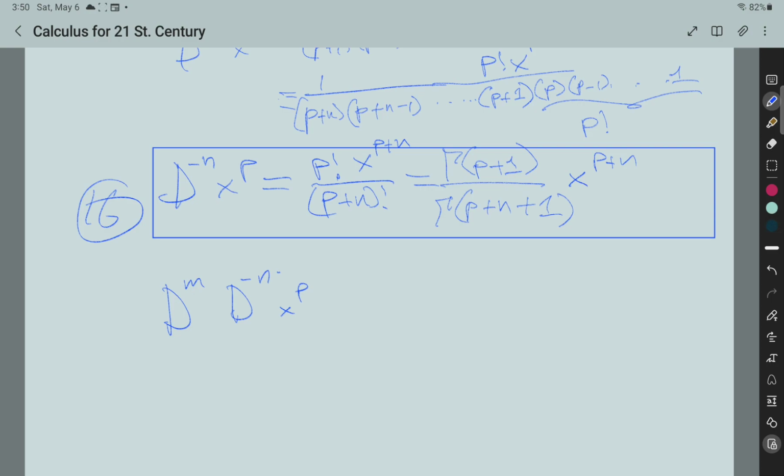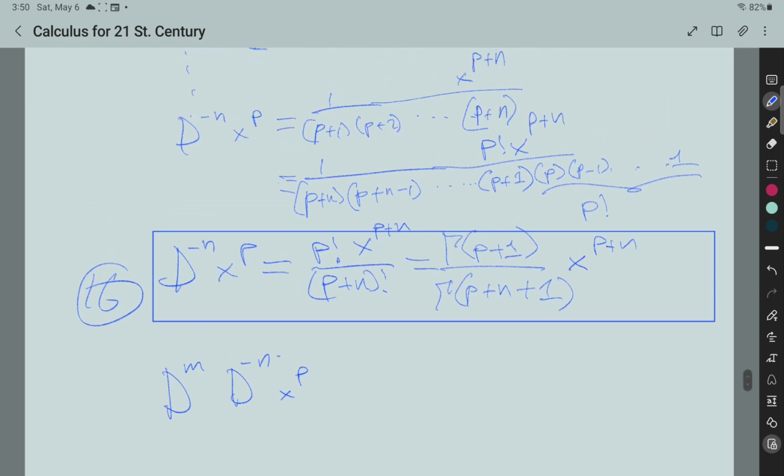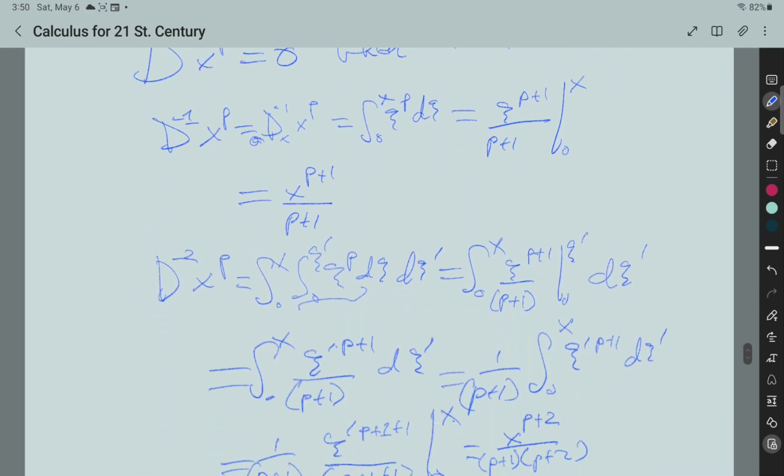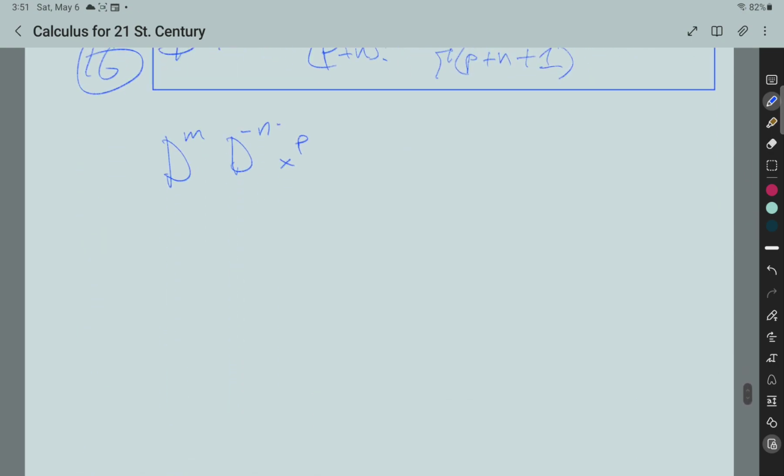Okay, so we would need the result for 16 and also for 15. Okay, so to prove this, we need to use equations 15 and 16.